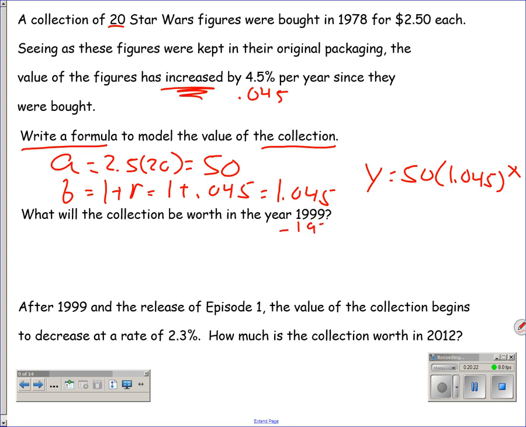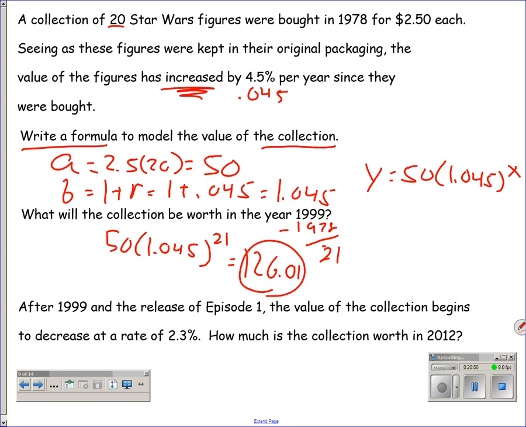We started off in 1978. The amount of years that have passed were 21. So if I wonder how much they've increased by, it's going to be 5,000 times 1.045 to the 21st power. I think it's like $12,000 and something dollars. 12,600.